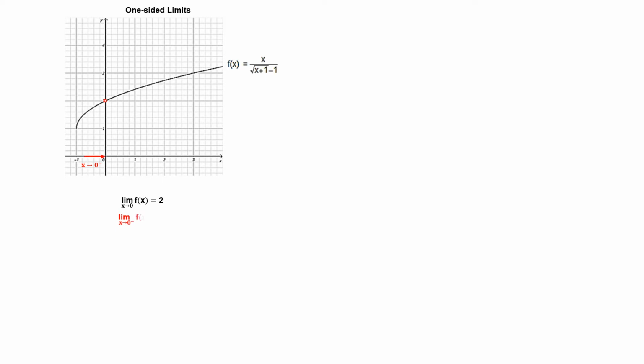The limit as x approaches 0 from the left is 2. The limit as x approaches 0 from the right is 2. A one-sided limit tells us what a function is doing at an x value as the function approaches from one side or the other.